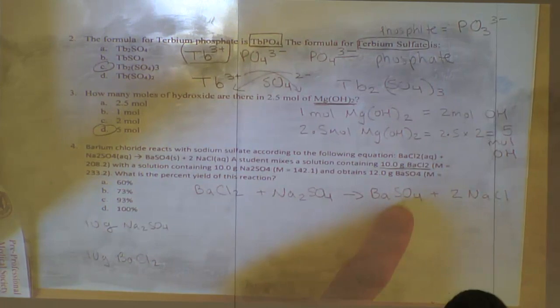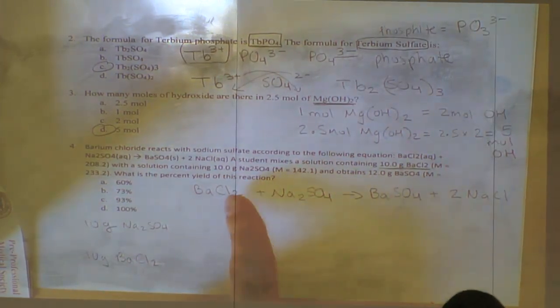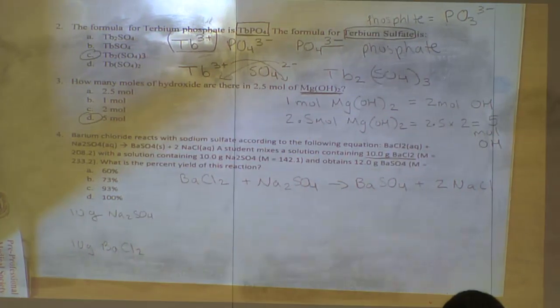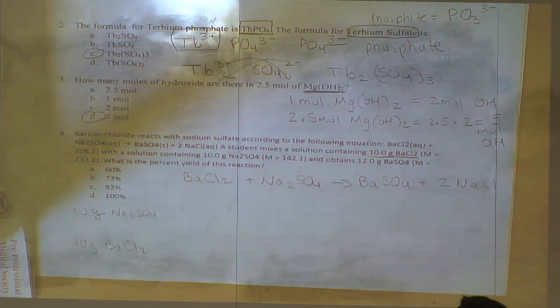So if that's the one we're worried about, are there any coefficients in front of them? Because if not, that means you're essentially saying 1 mole of BaCl2 and 1 mole of Na2SO4 will just give you 1 mole of BaSO4. So it leaves you with a lot less things to worry about.